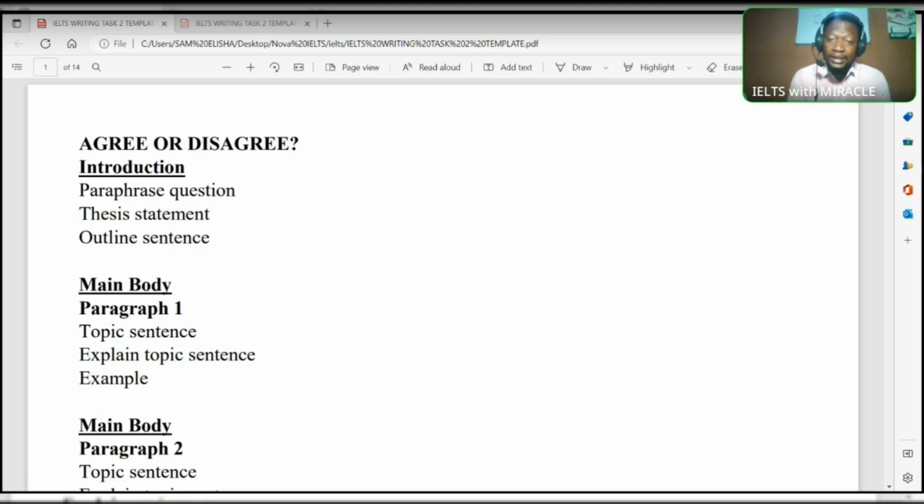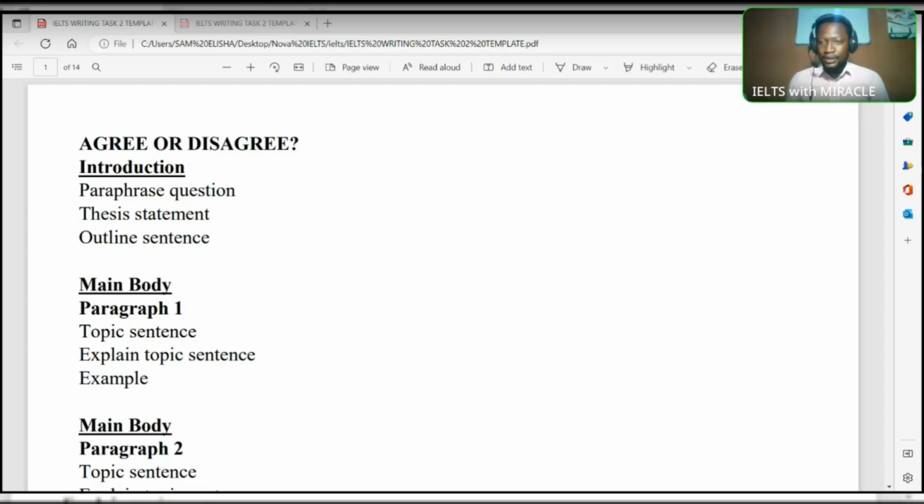Now, if the question, for instance, asks you something like, do the advantages outweigh the disadvantages? And you agree that the advantages outweigh the disadvantages, so you are writing on the advantages. Even when you have to mention the disadvantages, you are mentioning them on the backdrop that they are actually invalid.